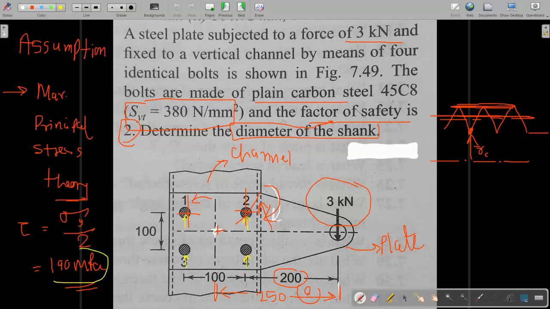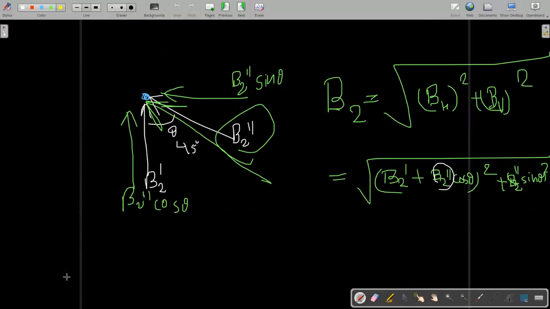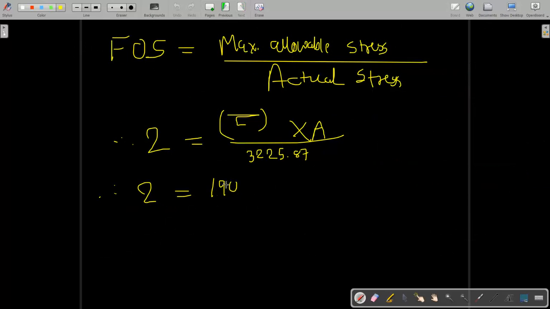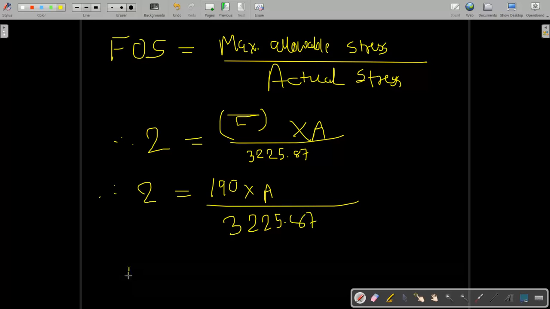Here we have 190 megapascal multiplied by A divided by 3225.87. So you will find the area. What is the area you will get? That is 34 mm square. When you solve in the calculator, you will get 34 mm square.